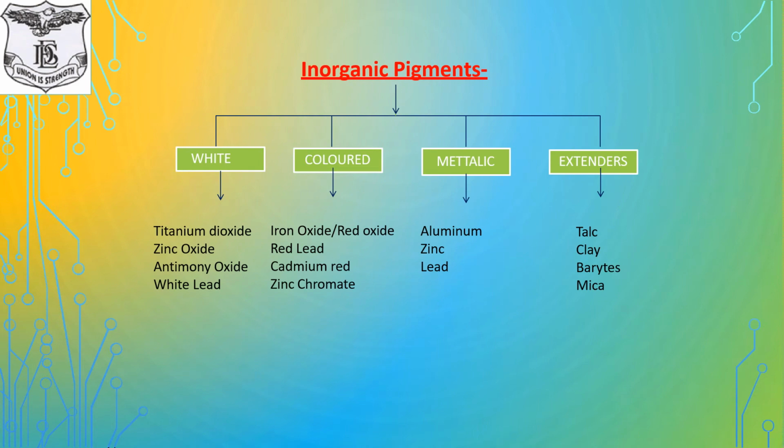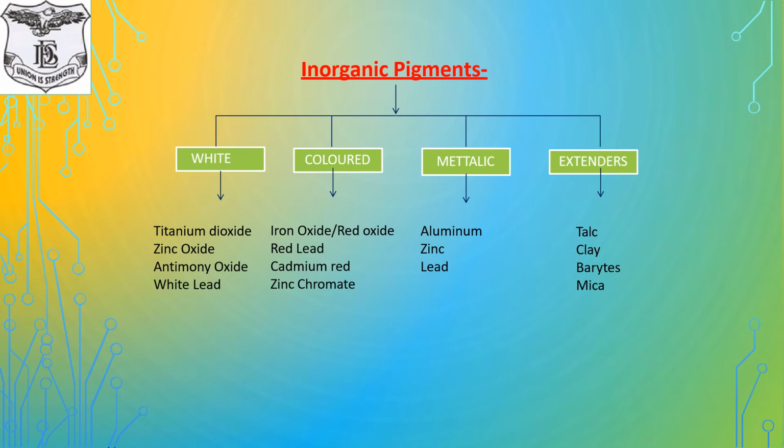Now we'll see some examples of organic pigments, inorganic pigments, and metallic pigments. In inorganic pigments, we have white pigments, color pigments, metallic pigments, and extenders. In white pigments, we have titanium dioxide, zinc oxide, antimony oxides, and white lead.